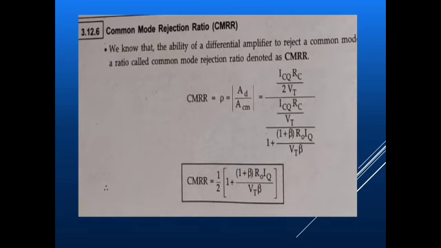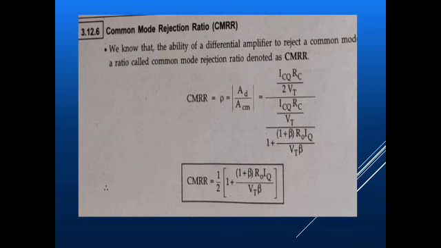Next, we have to find out the common mode rejection ratio. As you know, CMRR or rho is given by the modulus of AD by ACM. We should not consider the negative symbol here. That can be given as 1 by 2 into (1 plus beta) into R0 IQ divided by VT by beta.